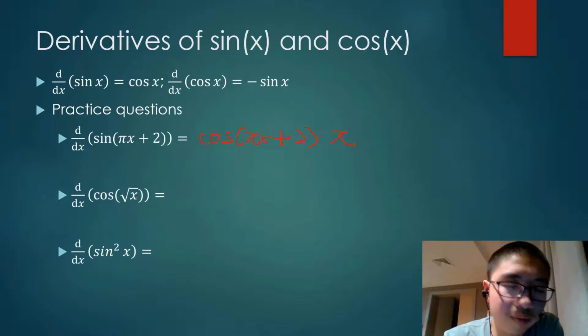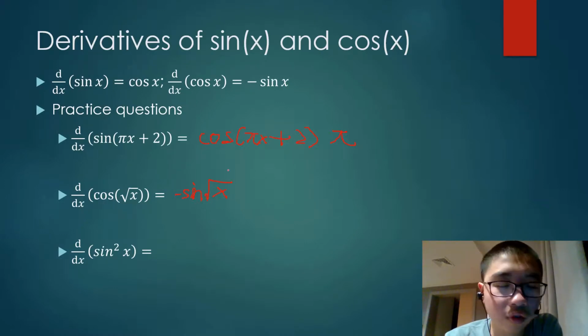For this derivative, we also need to use the chain rule. Cosine of square root of x. The derivative of cosine x is negative sine x. So we write down negative sine of square root of x. But we need to use the chain rule, so we need to multiply by 1/2 times x to the 1/2 minus 1, which is negative 1/2.